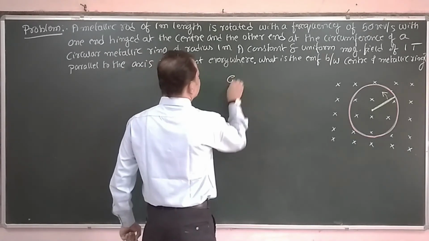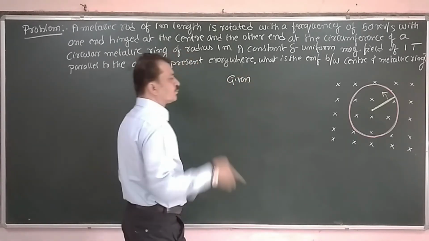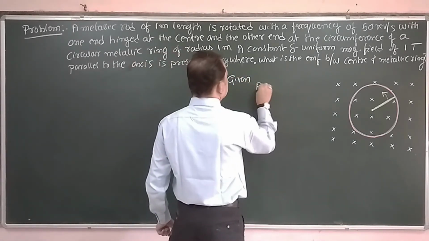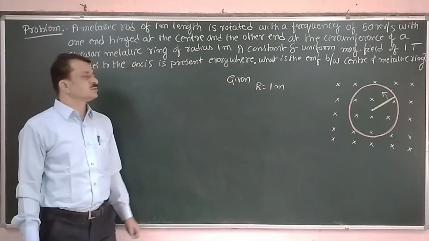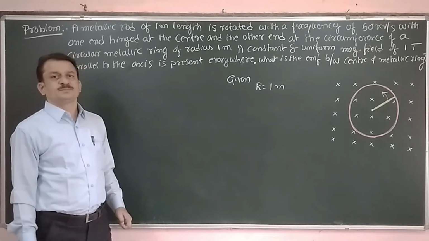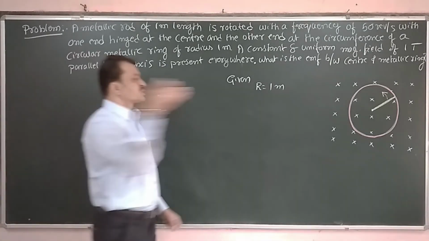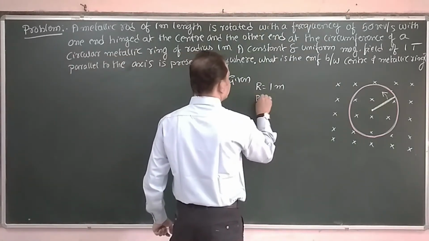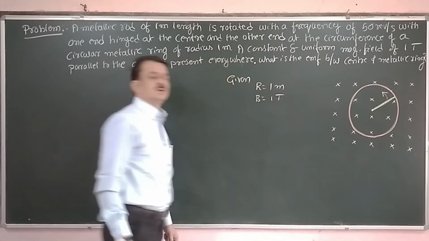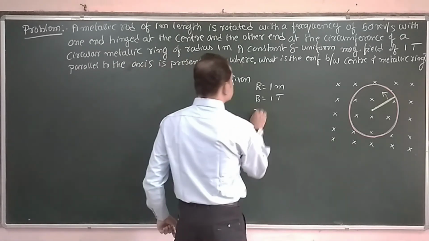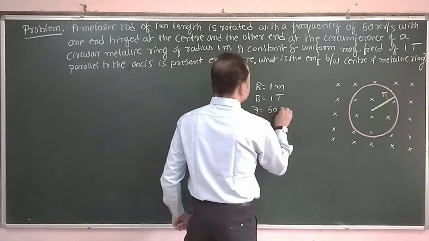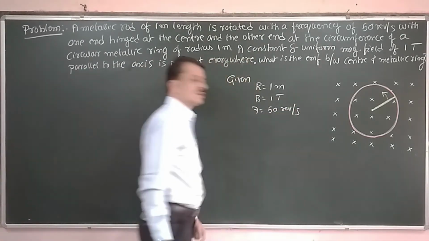Now here given the radius capital R, which is nothing but the length of the rod, 1 meter. Strength of the magnetic field is given, that is equal to 1 Tesla. It is rotating with a frequency of 50 revolutions. Nu is equal to 50 revolutions per second.